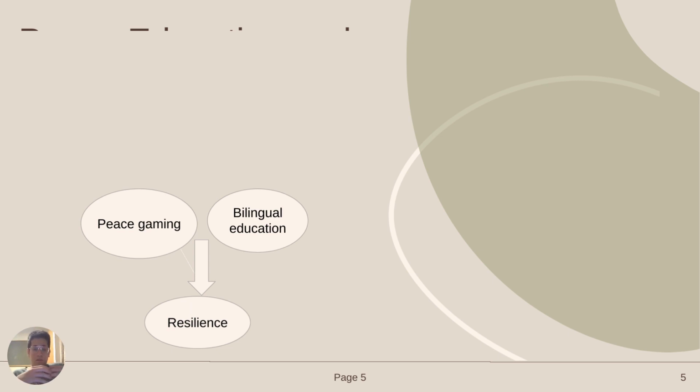Peace education, including peace gaming and bilingual education, improves their ability of mutual understanding, and this would be helpful for students to think about the issue from the side of the other parties in the conflict, which can help them to reflect on their identity as well. And as a result, this creates resilience from the conflict.